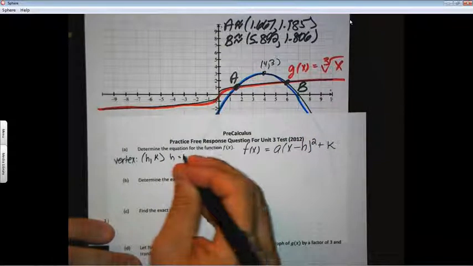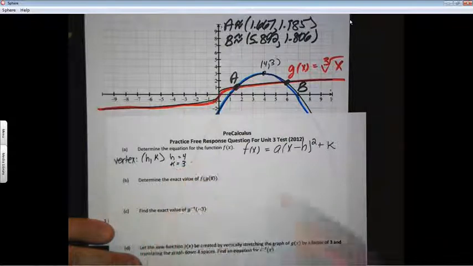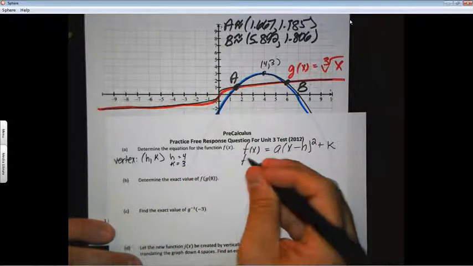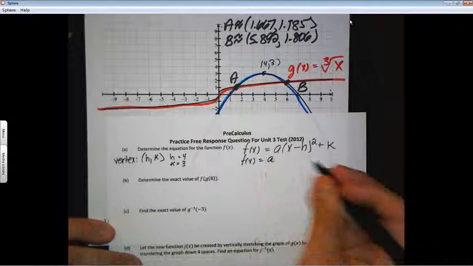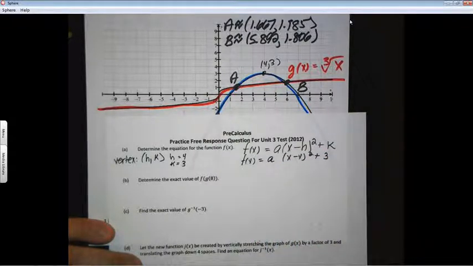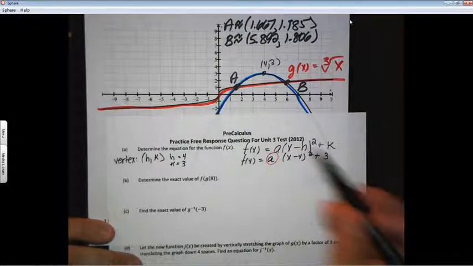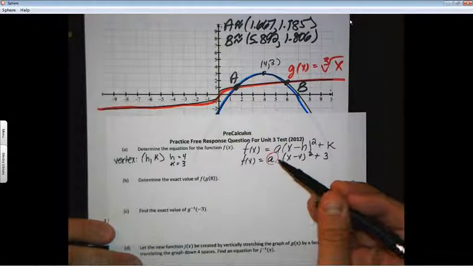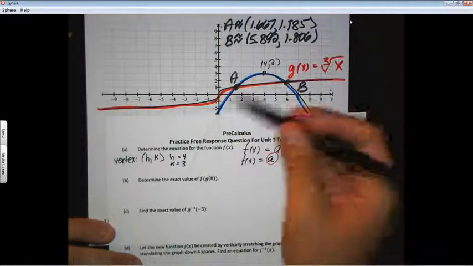We were told that the vertex is at the point (4, 3). I wouldn't want to make that assumption, but I was told that in the beginning. So h is equal to 4 and k is equal to 3. My parabola now has the form f of x equals a times (x minus 4) squared plus 3.